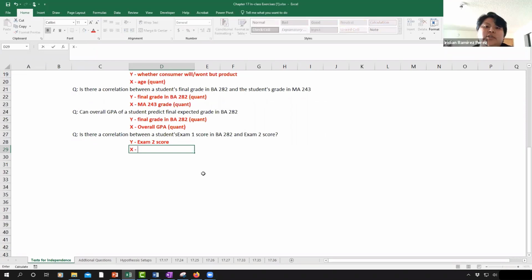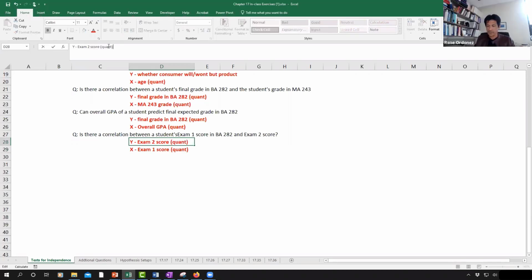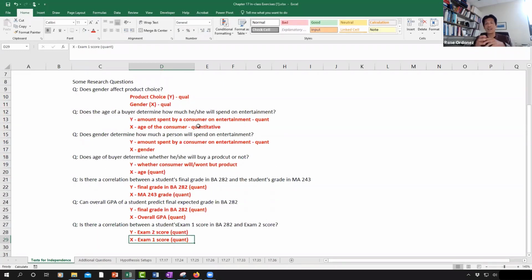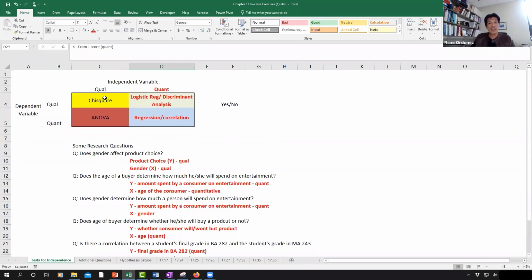The student's exam 1, and they're both quantitative, which means we're going to use linear regression. Correct. All right, so that gives you another overview of what we did in the last 2 weeks, and what we're going to be doing in the next 3 weeks, focusing on the chi-square as well as the regression and correlation chapters.